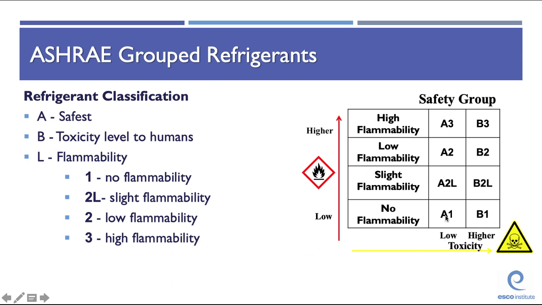So A1 is going to be my safest refrigerant ever. B1, it's toxic to humans. In other words, you don't want to breathe this in or come in contact with it, but still no flammability. My most dangerous refrigerants are the B3, which is extremely flammable and very toxic.